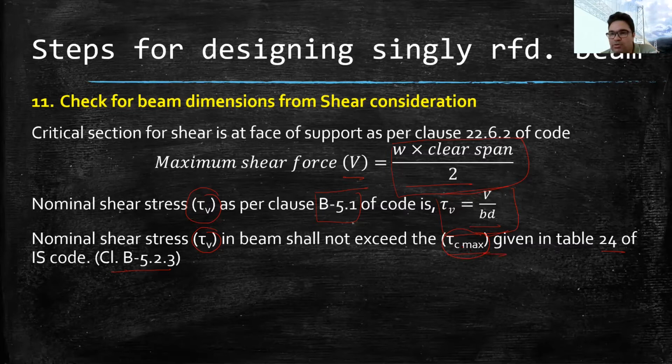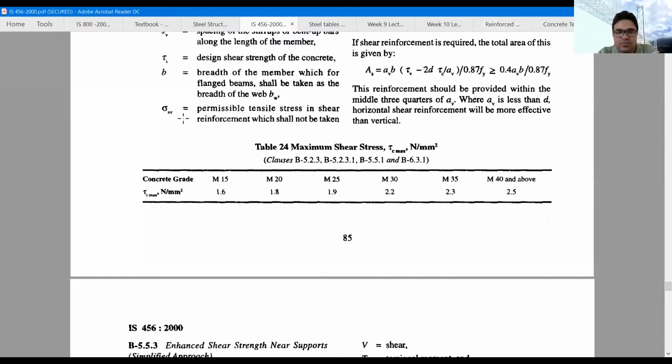Now, how do we find tau c max? I will show you the table in the IS code. There you can see on page number 85, the maximum shear stress, which is tau c max, is given here. The tau c max value depends on the grade of the concrete. So if we are using M25 grade, the value of tau c max will be 1.9 Newton per mm square. From this table we can find the value of tau c max, and then we can compare it with tau v.